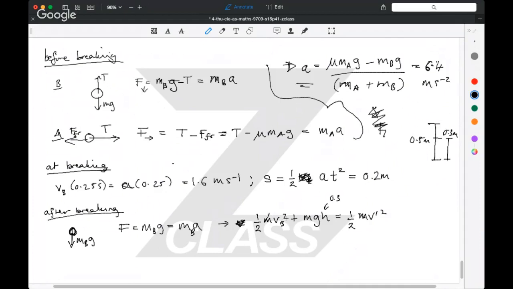Well, the m's cancel, happily. We have vB, the velocity when the string broke, which we found there. We know g, we know h, and therefore we can find v prime. And that is the solution to the equation. We get that v prime is 2.6 meters per second.